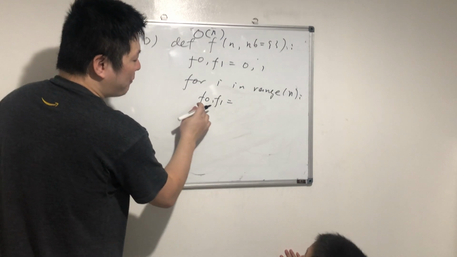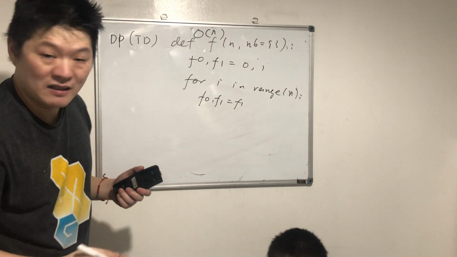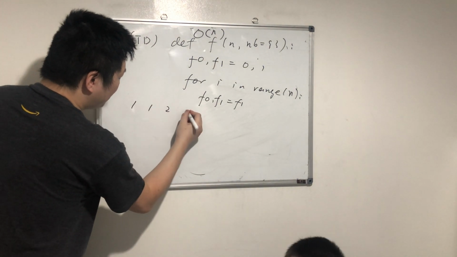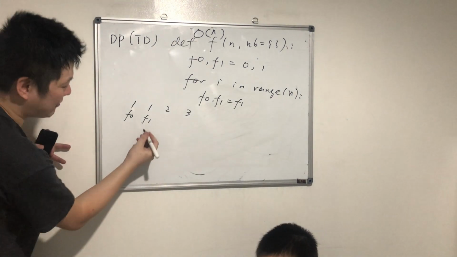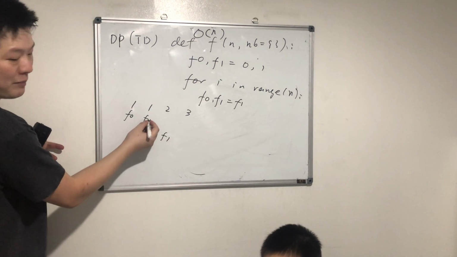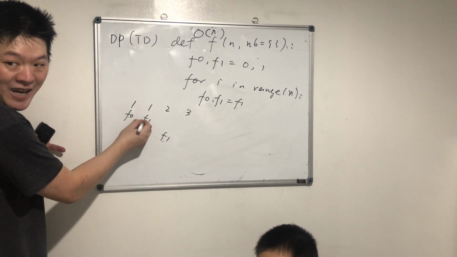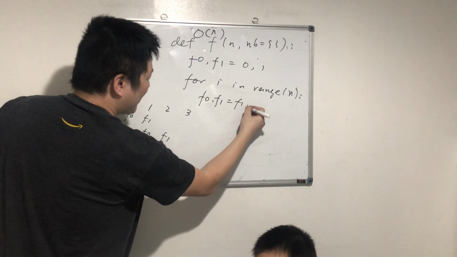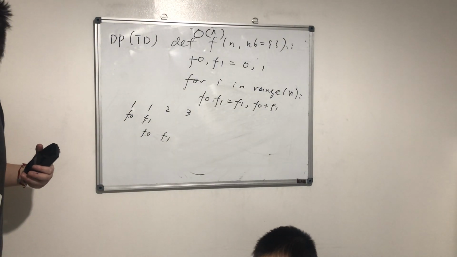F0, F1 equals what? F0 will become F1, right? Look, 0, 1, 1, 2, 3. This is F0, this is F1. So the next iteration, F0 will become the old F1, and F1 will become F0 plus F1.